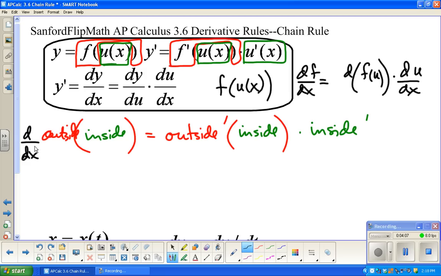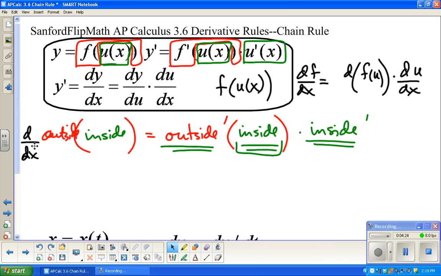Okay, and so I got like 7 different notations going here, and I'm not trying to confuse the issue, but the basic idea is the derivative of the outside, with the inside still in there, times the derivative of the inside. All right, let's do an example. It sounds worse than it is.